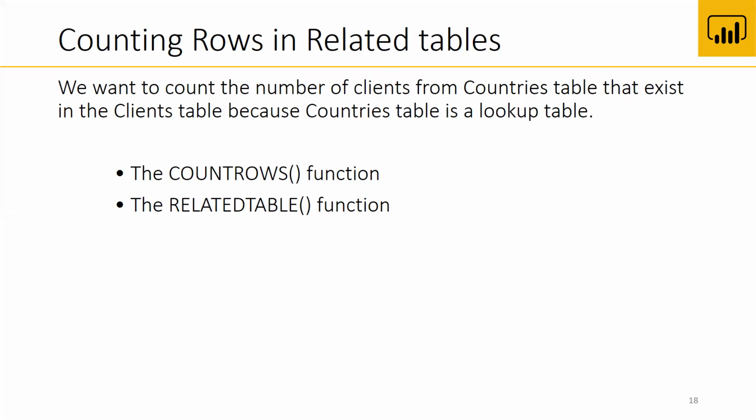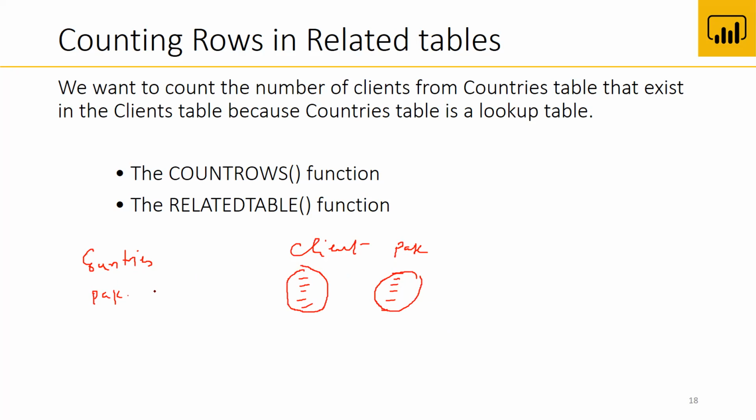So in the countries table, we have the names of the countries. The name of the country, suppose Pakistan. And in the client table, we have multiple clients from Pakistan, and we want to count how many customers belong to the country Pakistan.